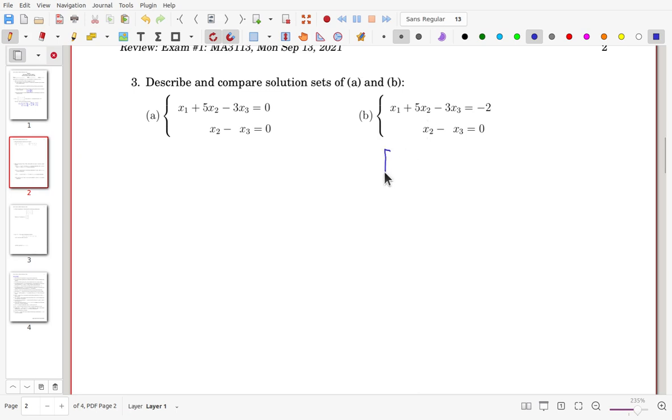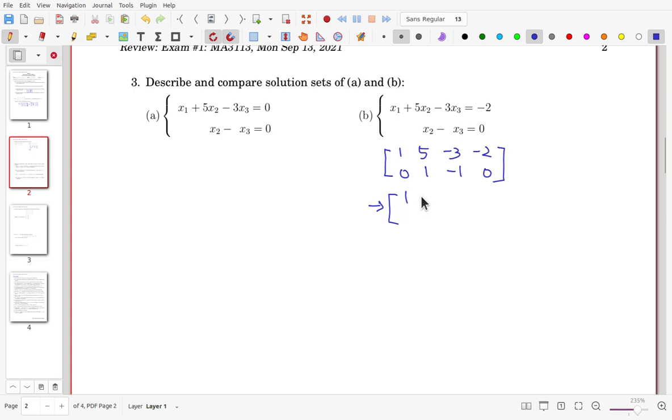Let's try to get the corresponding augmented matrix. Coefficients matrix 1, 5, -3, 0, 1, -1. Right side is -2 and 0. From this one, we have to reach the reduced echelon form. So we have to eliminate this one, only the leading ones, by subtracting 5 times the second row.